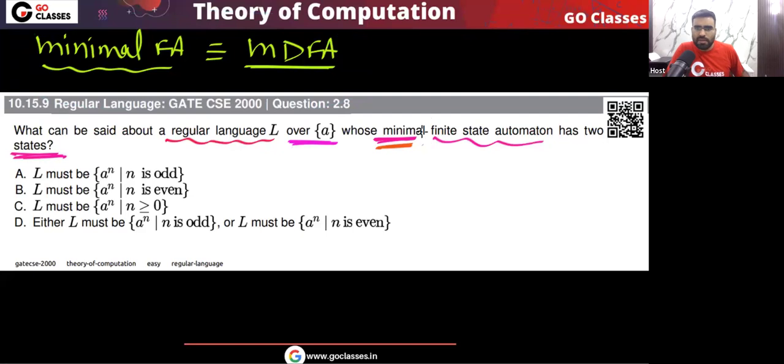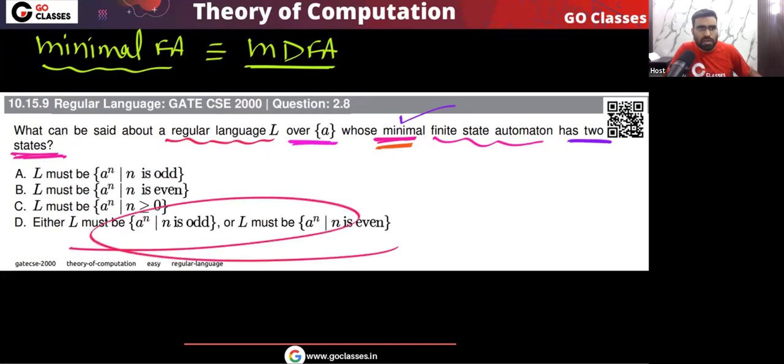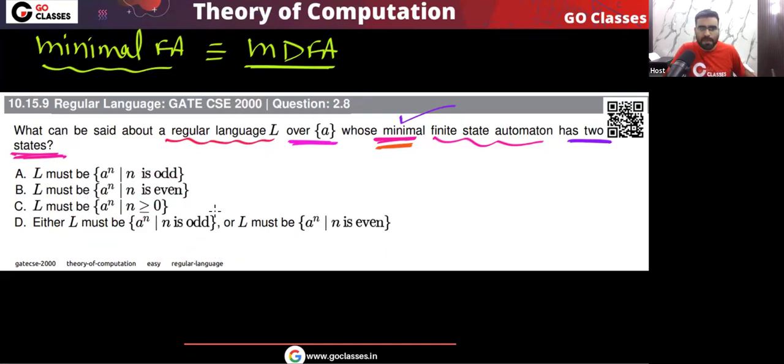The question says that you have a minimal DFA of two states. Then what can you say about the language? Let me tell you that all the options are actually wrong.